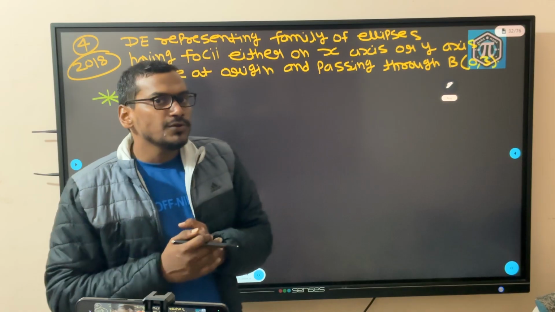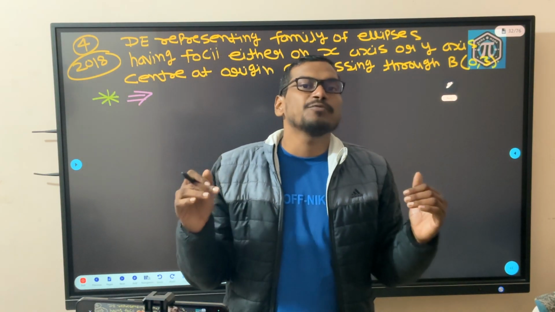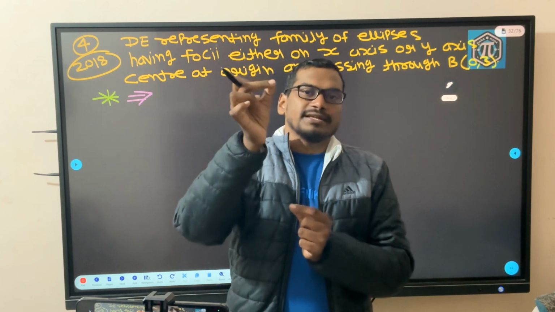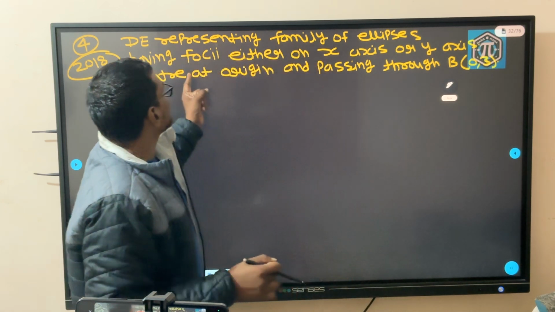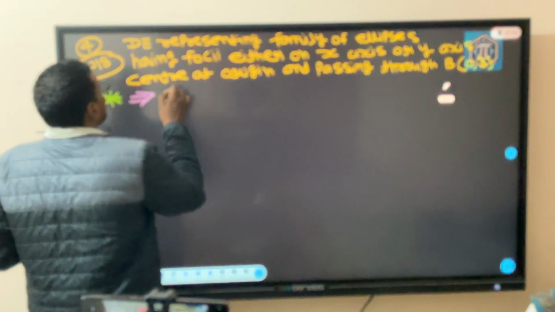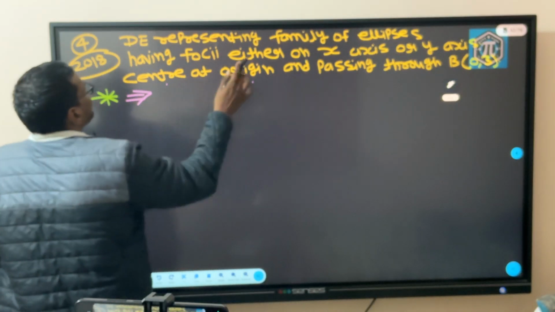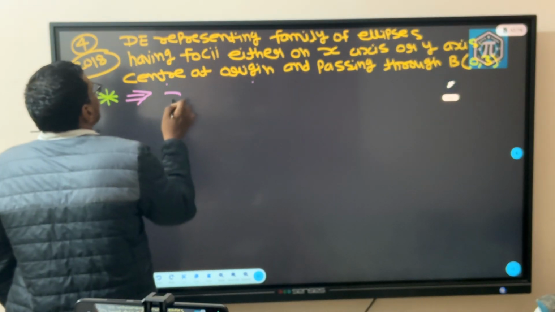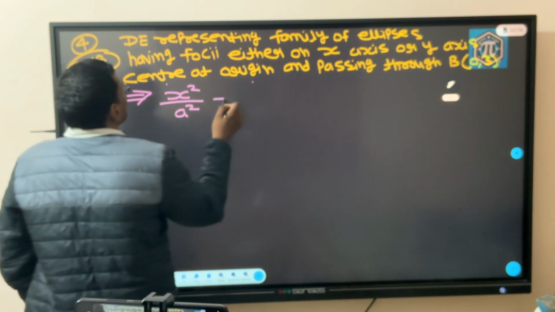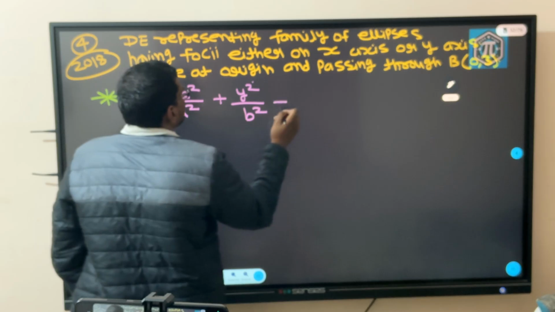See, when you read about ellipse, the type 1 ellipse has the focus on the x-axis, type 2 has the focus on the y-axis, right? So if its foci are either on the x-axis or on the y-axis, center at origin, passes through this. Alright. So see, let's think it is case 1. So x square by a square plus y square by b square is equal to 1.